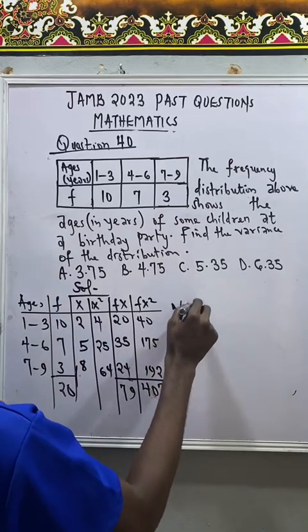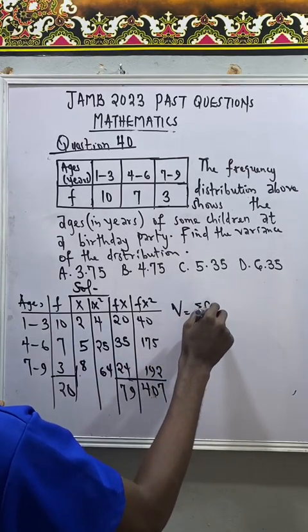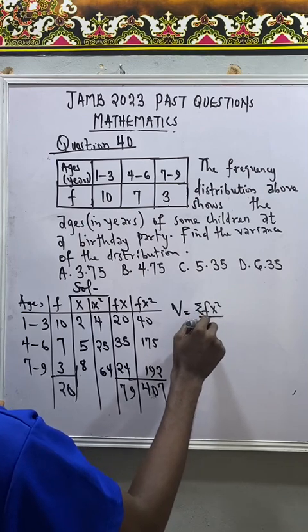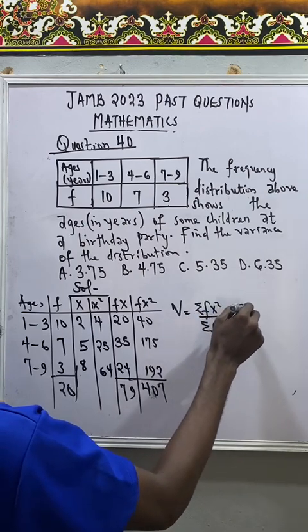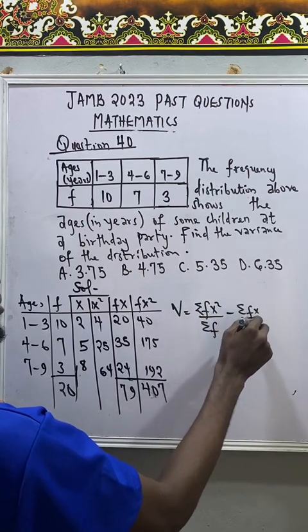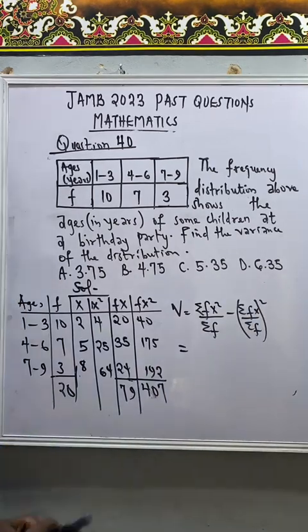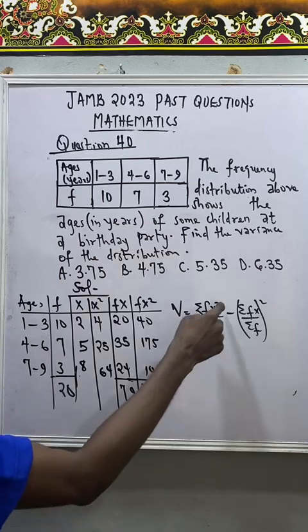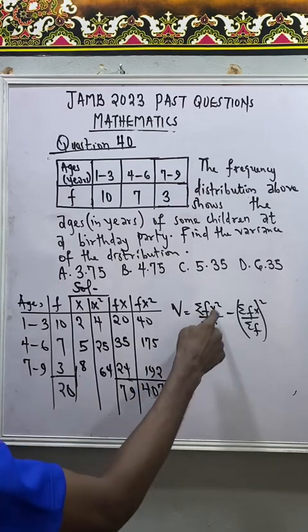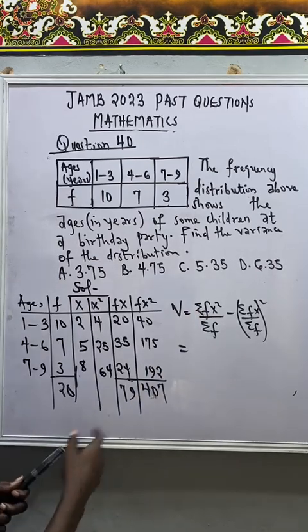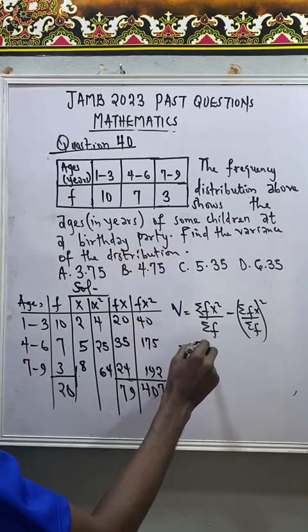Rewriting the second formula, I have variance equal to sigma fx squared all over sigma f, minus sigma fx over sigma f, all squared. Good. From the board, summation fx squared is 407. Summation means the total of it.